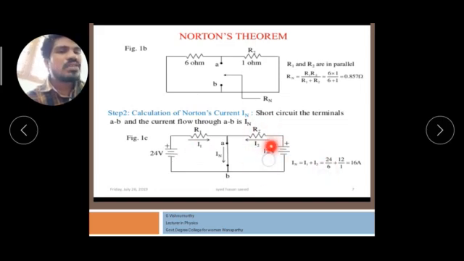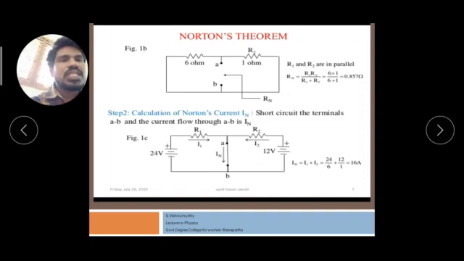Next, I2 is equal to V2 by R2, so 12 volts divided by 1 ohm. Therefore 24 by 6 plus 12 by 1 is equal to 16 amps. In this calculation we find that Norton's resistance is 0.857 ohms and Norton's current is 16 amperes.